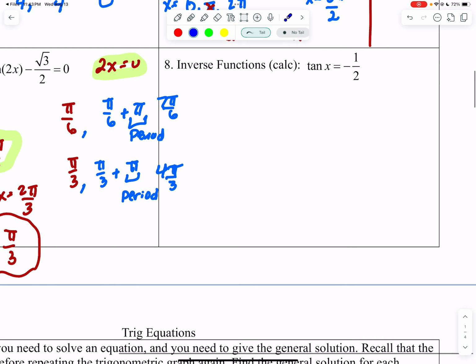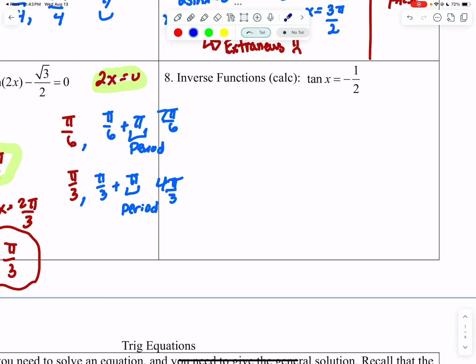All right, finally, number 8, so there are times where your equation probably will not be on the unit circle. So here, I don't know what -1/2 is on the unit circle in terms of tangent. So what I'm going to do here is just use inverse functions and say inverse tangent of -1/2.